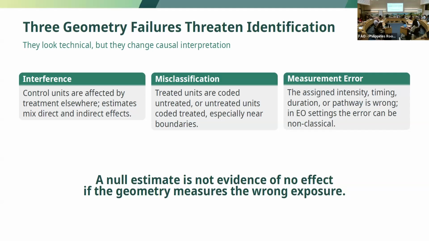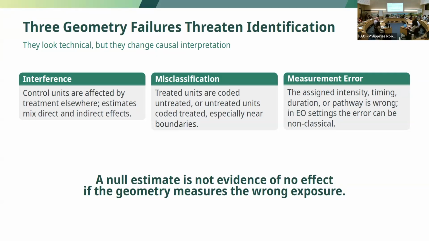This household is on one side and is therefore untreated. This household is on the other side and therefore treated. But there is uncertainty around that boundary. What's the 95% confidence interval that the boundary is right there? It's very easy to end up with misclassification when you're using this geospatial data.